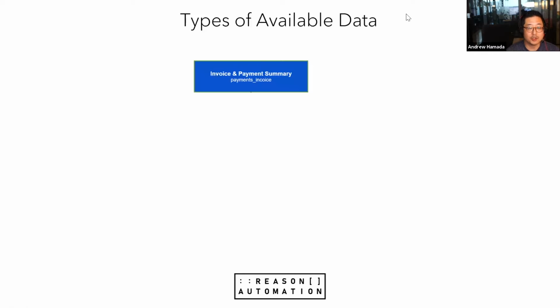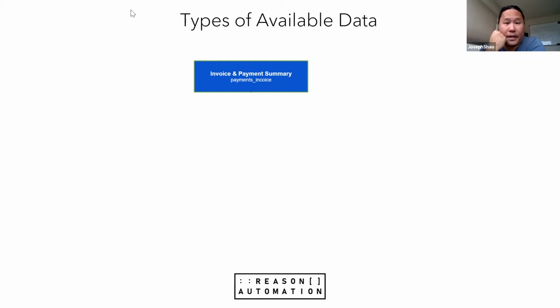All right, so starting with types of available data. Joe, would you like to walk us through the types of invoice payments and other sorts of data that are available in Vendor Central? Yeah. So at the very high end, once a PO is accepted and confirmed from your end, generally the next step for you as a vendor is to set up an invoice.